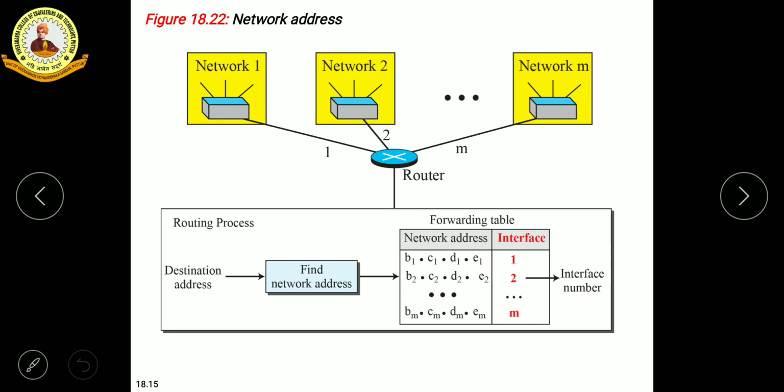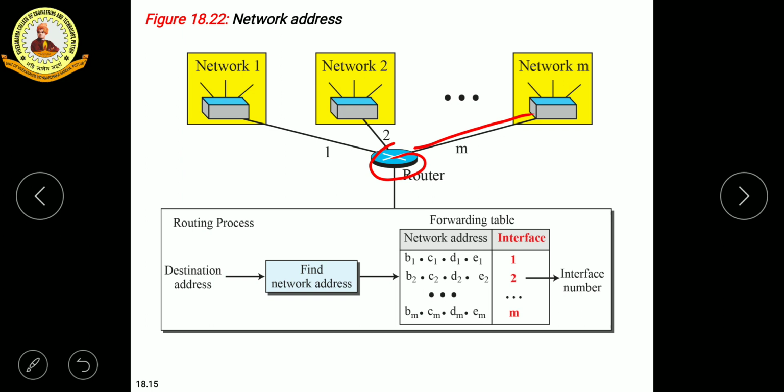You can see in this figure, for the moment, let us assume that an internet is made up of m networks, network 1 to network m, and a router with m interfaces. This router has one interface with network 1, one interface with network 2, and similarly interfaces with all the networks till network m.